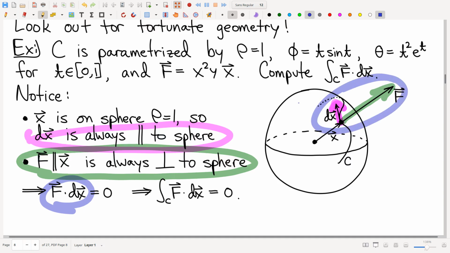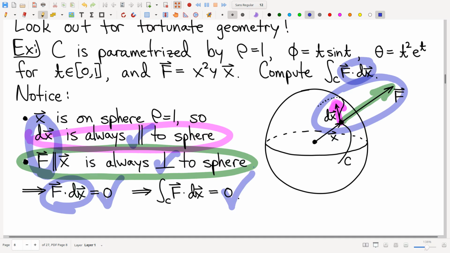If you're looking inside of an integral, you can see right there f dot dx. So what can I say about f dot dx? Maybe 2 seconds. F dot dx, well, f and dx, one of them is parallel, one of them is perpendicular. Therefore, the dot product is 0, and therefore this line integral is 0.